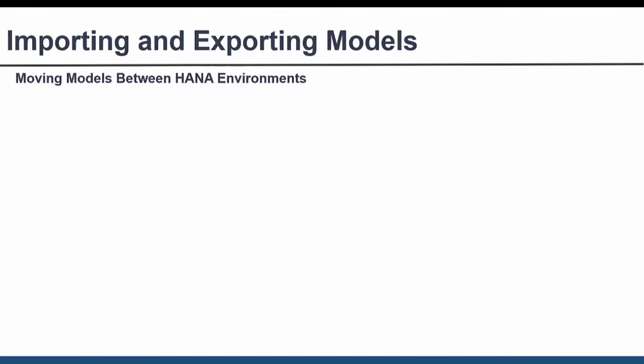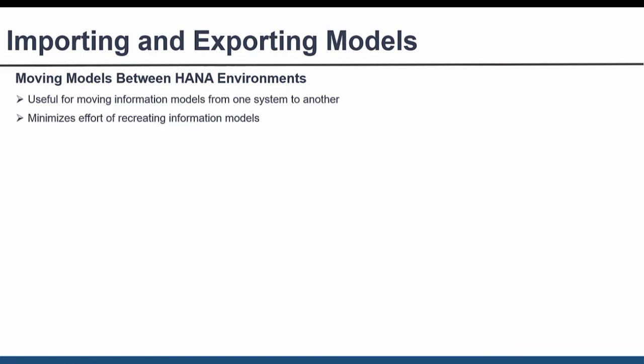Importing and exporting models. Moving models between HANA environments can be achieved by using the import and export functionality of HANA Studio. The HANA export and import option allows tables, information models, and landscapes to be moved from one system to another system, and it minimizes the effort of recreating an information model.